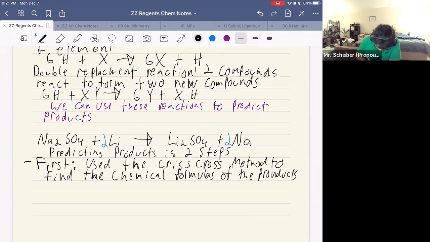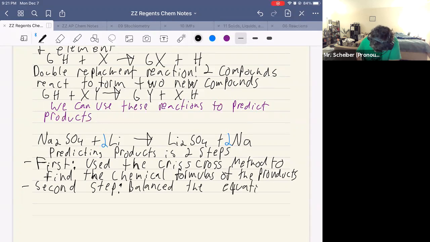So that was the first step. Then the second step is that we balance the equation. So it's okay if after your first step, your equation isn't balanced yet.